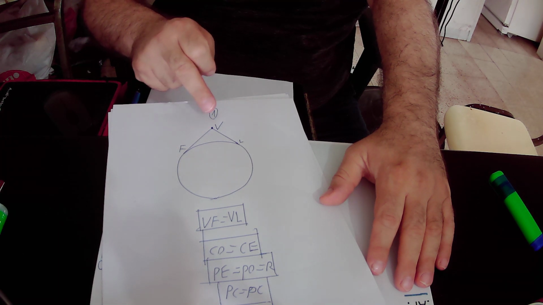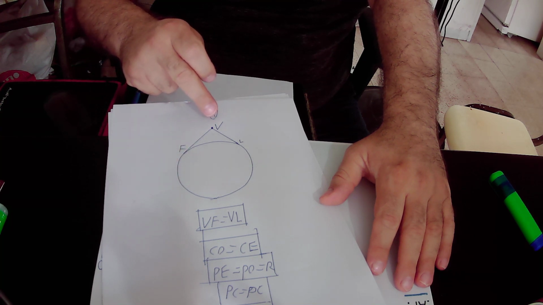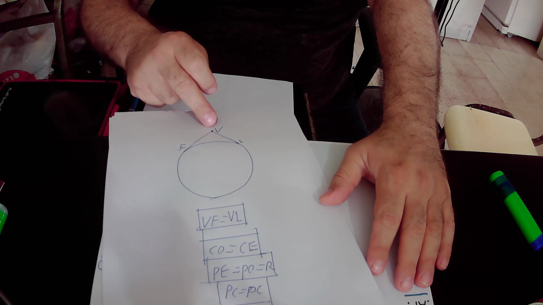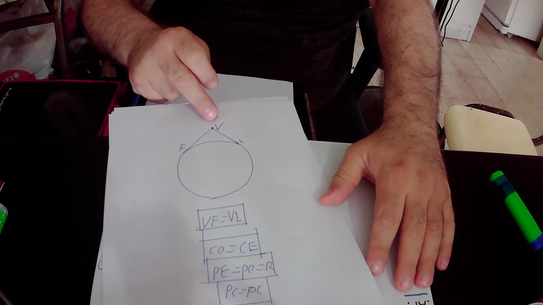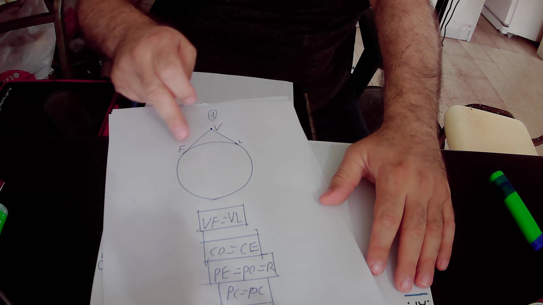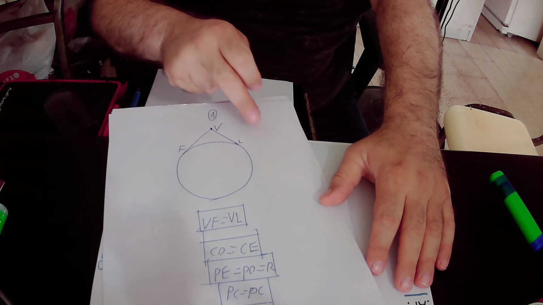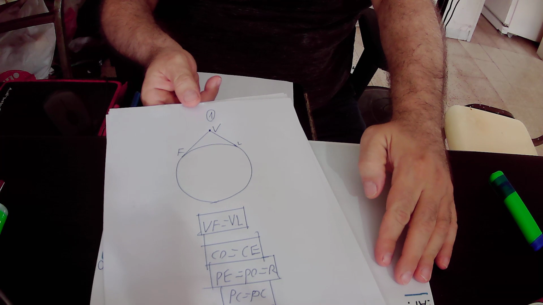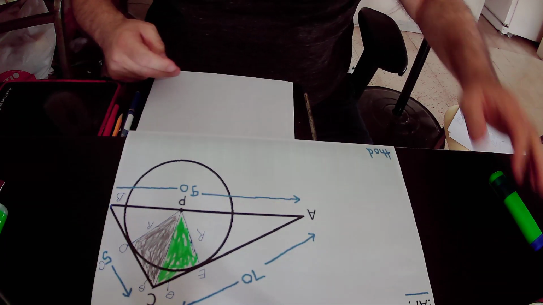In this example, we draw an external point of this circle, that is point V, and we draw two tangents to this circle. For that reason, VF is equal to VL. So we can implement this rule in our circle.